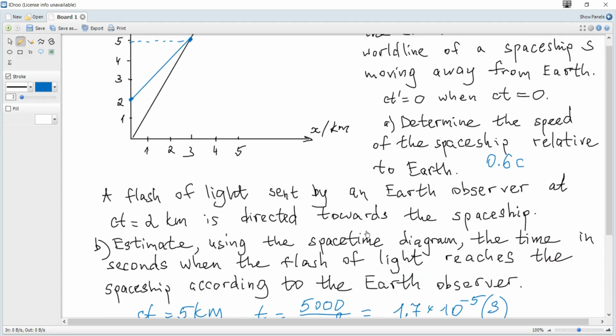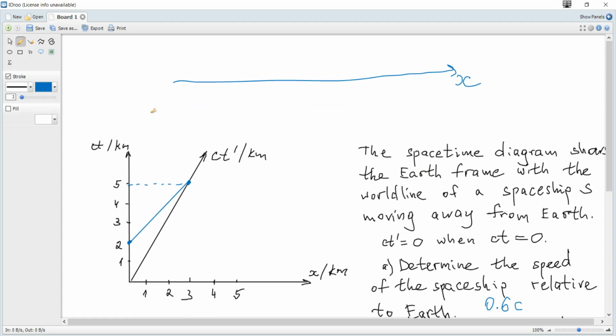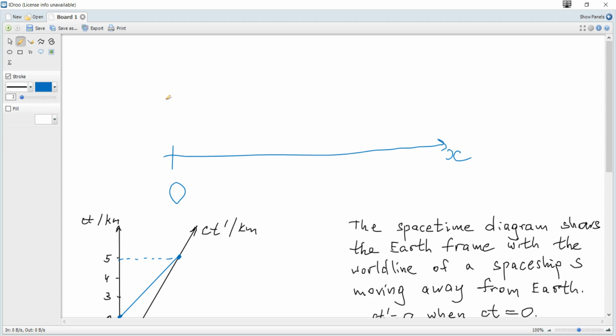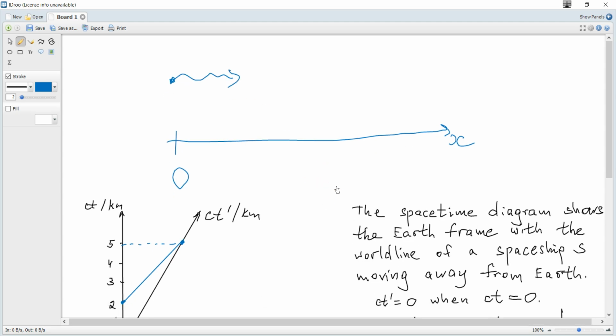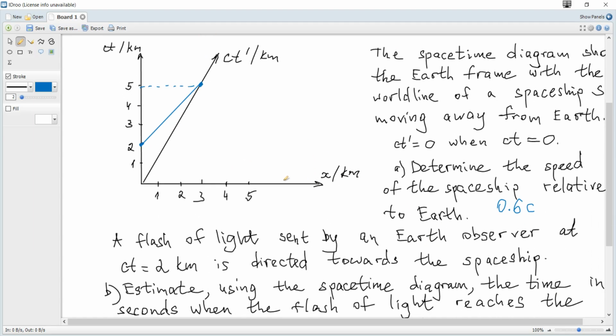Another way to find it, let's consider the x-axis. In the Earth's reference frame, it's the origin, and a light signal is sent, but when it is sent, the spaceship is not at the origin. And where is it?